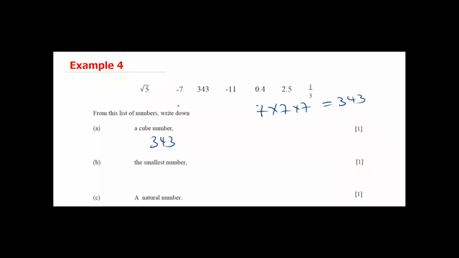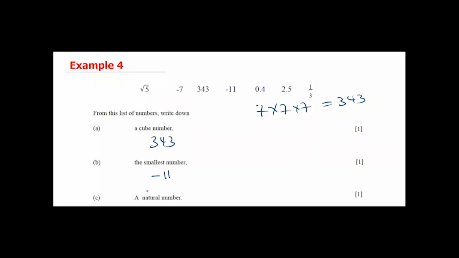So the smallest one will be from the negative integers, of course, so there's no doubt about that. Okay, so between minus 7 and minus 11, which one is smaller? So minus 11 is smaller, so I'll pick minus 11. So just like what I told you, I've discussed this on my YouTube channel. Just check integers for year 7, you'll enjoy it better.